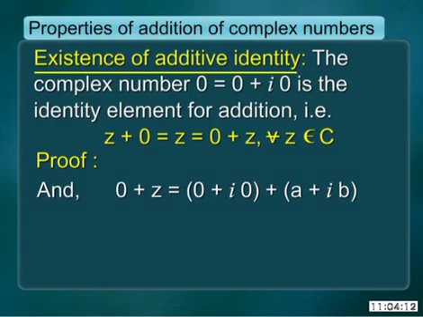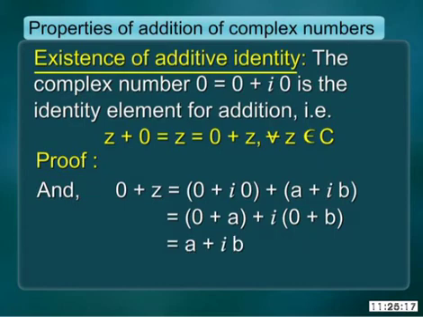and 0 plus z is equal to 0 plus iota 0 plus a plus iota b, which is equal to 0 plus a plus iota into 0 plus b, which is further equal to a plus iota b, which is equal to z.